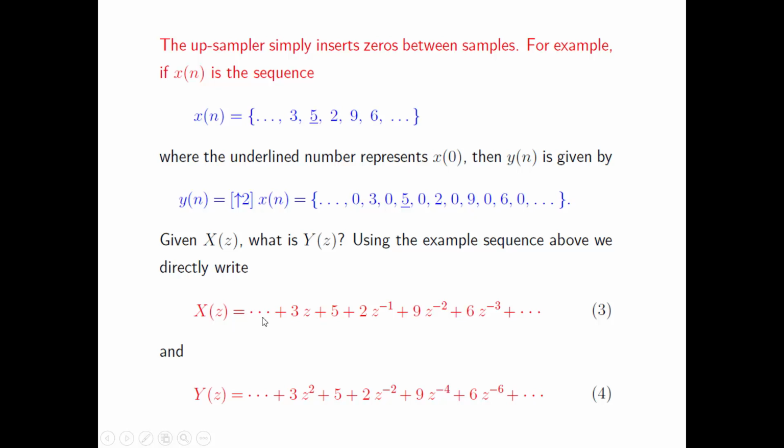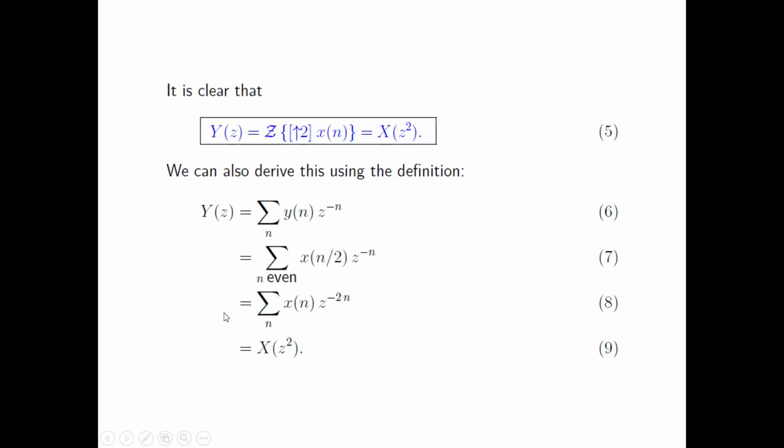X(z) is the z transform of x[n], Y(z) is the z transform of y[n] in the example that we are taking, and therefore we get the equation Y(z) is X(z squared). We can also derive the equation. This is the z transform of y[n], and you replace y[n] with x[n/2], and you get X(z squared). You can derive the relation mathematically also.